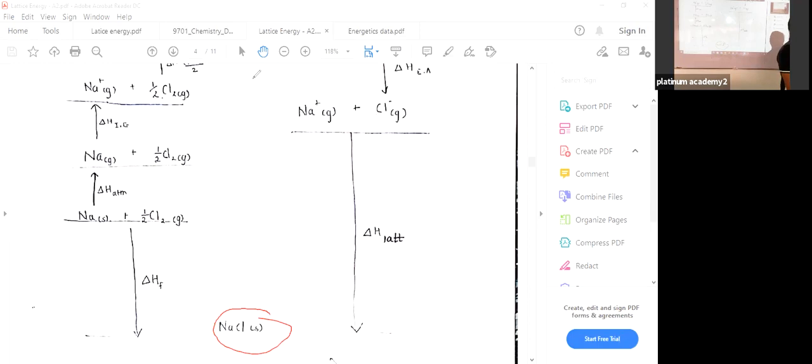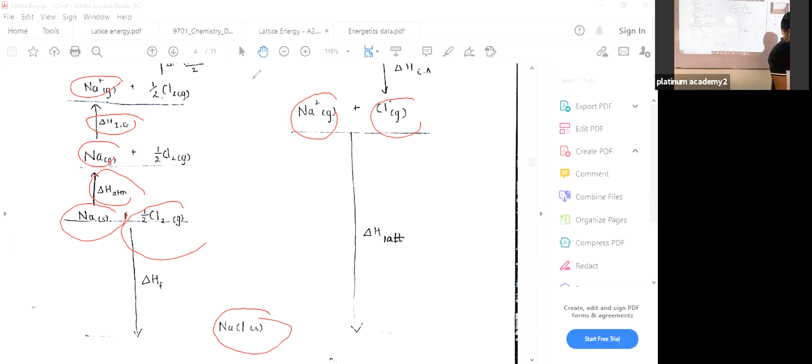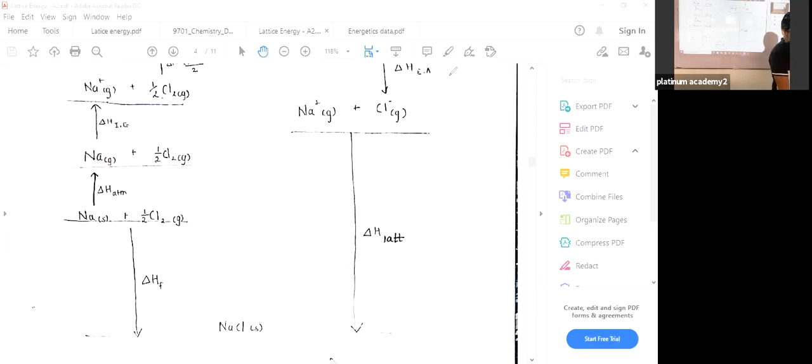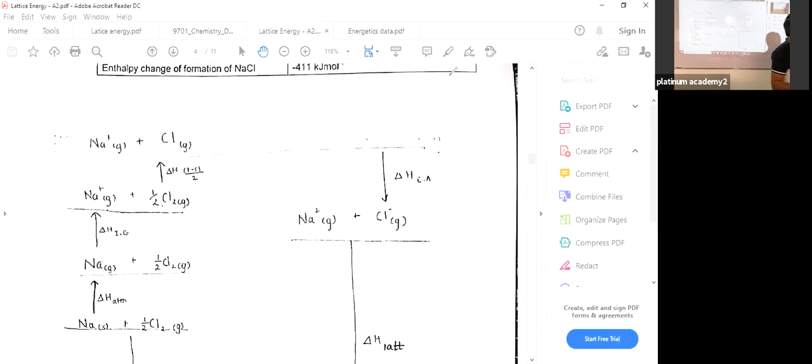You can make it from elements, sodium and chlorine, but half chlorine because it's just one chlorine atom. And you can make it from ions, Na plus, Cl minus. So you have to start making the sodium ion first. Atomization, you get gaseous atoms. Then first ionization, you get the gaseous ion. So you have completed sodium, then you have to move to chlorine. But we need one chlorine atom, so the bond energy divided by 2.